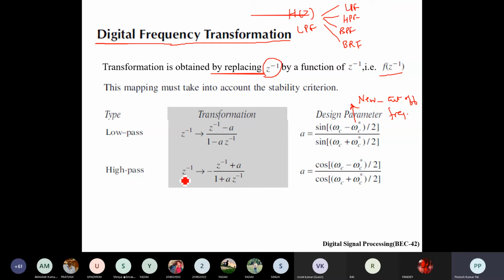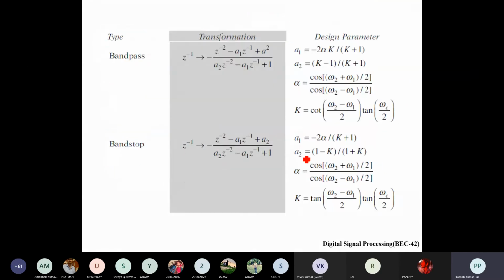Similarly, if a low pass filter is given and we need to convert it to a high pass filter, we will be replacing z inverse by this term, where alpha will be given by this term. Similarly, if a low pass filter is given in digital form, it can be converted to a band pass filter by replacing z inverse with this term, where A1, A2 are given by this term, and alpha will be given by this.